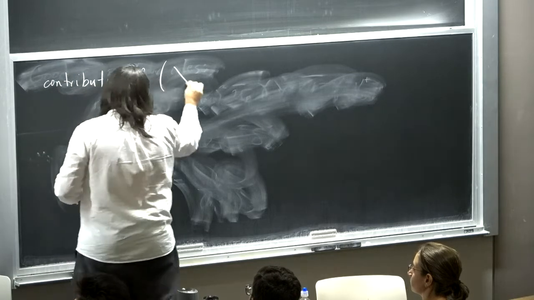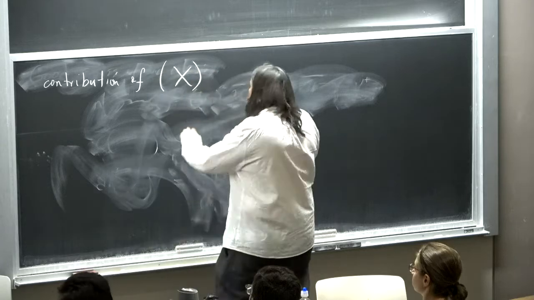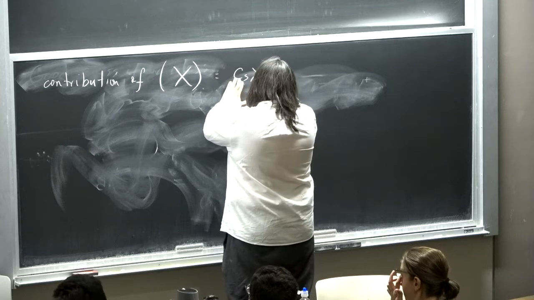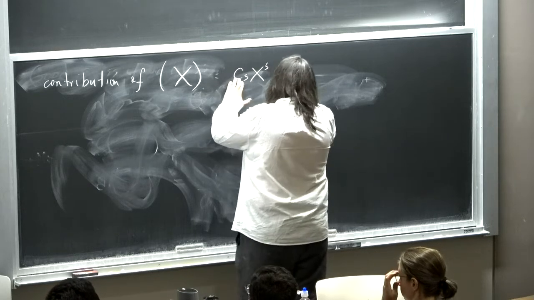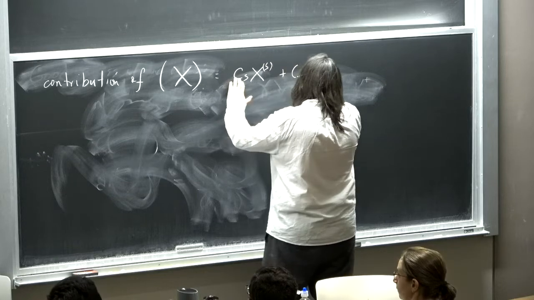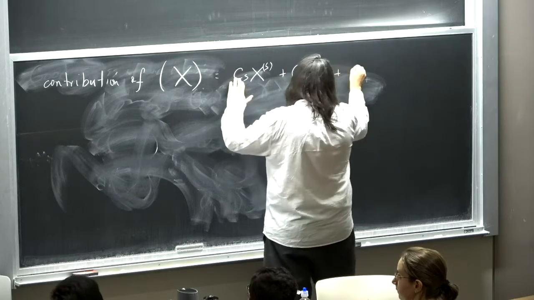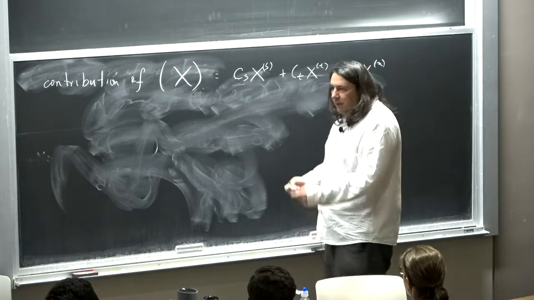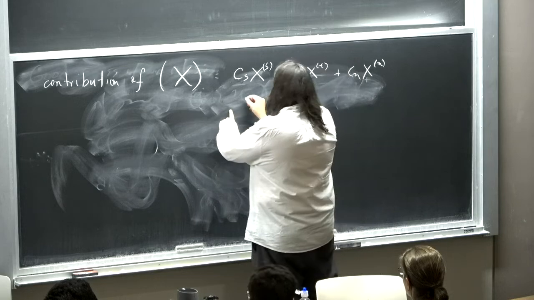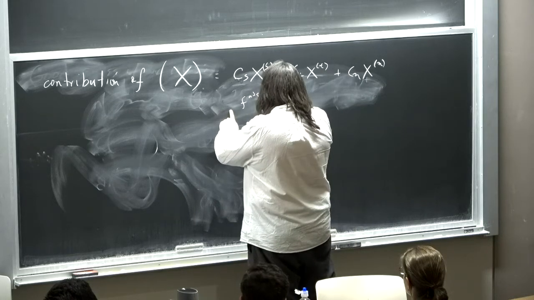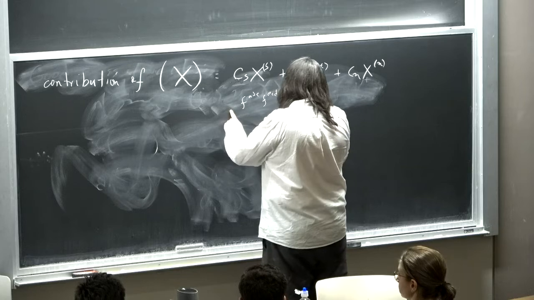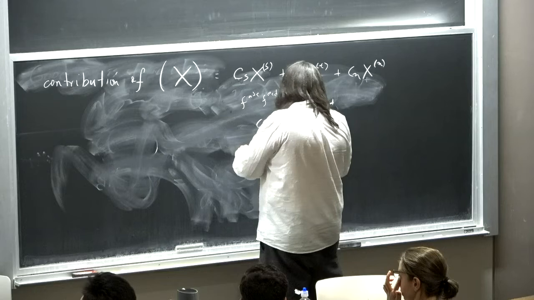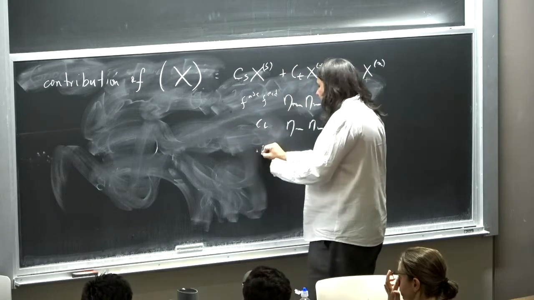Generically, it's going to look like CS times some X labeled S, plus CT times X labeled T, plus CU times X labeled U. Maybe you'll remember from Feynman rules that you'll have something that looks like f^{ABE} f^{ECD} with eta contraction of indices, plus the other terms, CT with some contraction of stuff, plus CU.